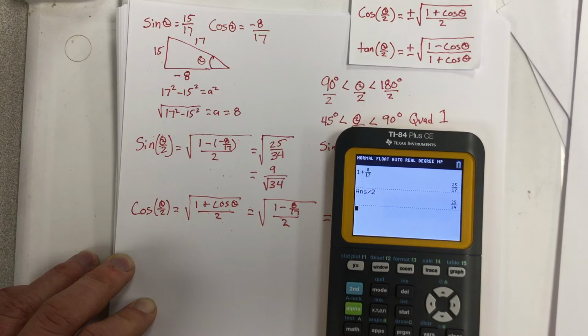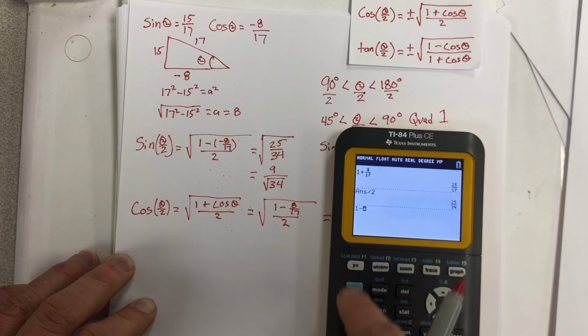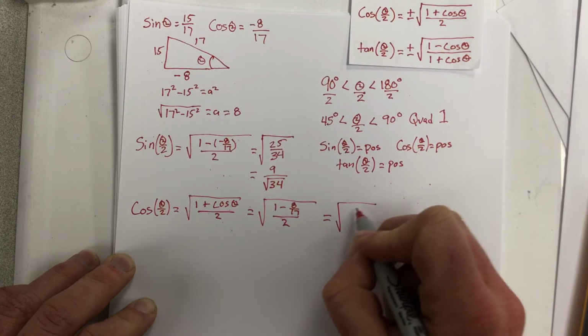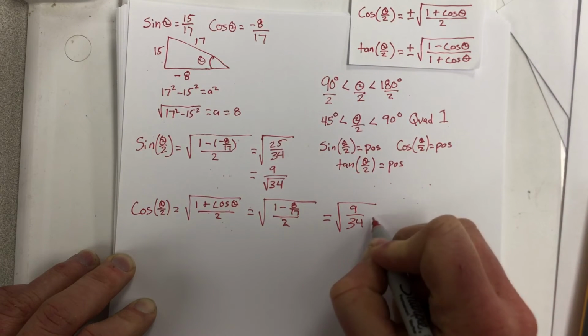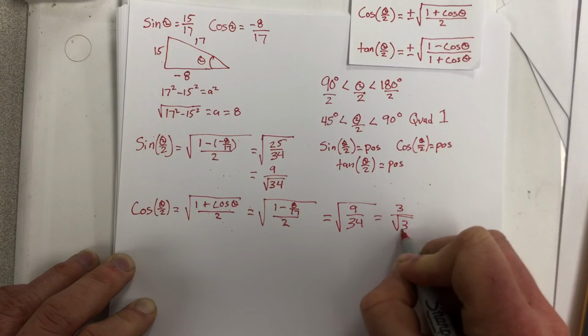We have 1 minus 8 over 17, divide that by 2, and I get root 9 over 34, which is equal to 3 over root 34 when you simplify.